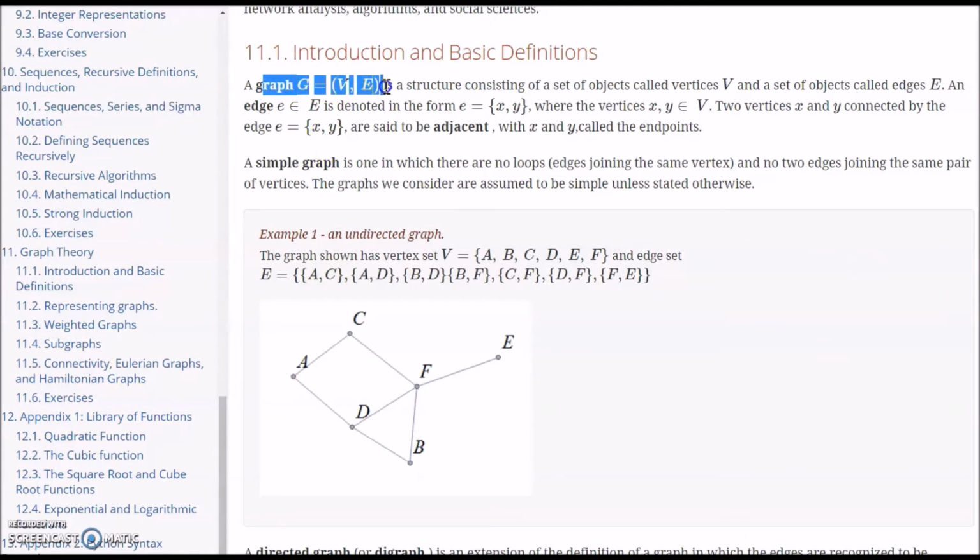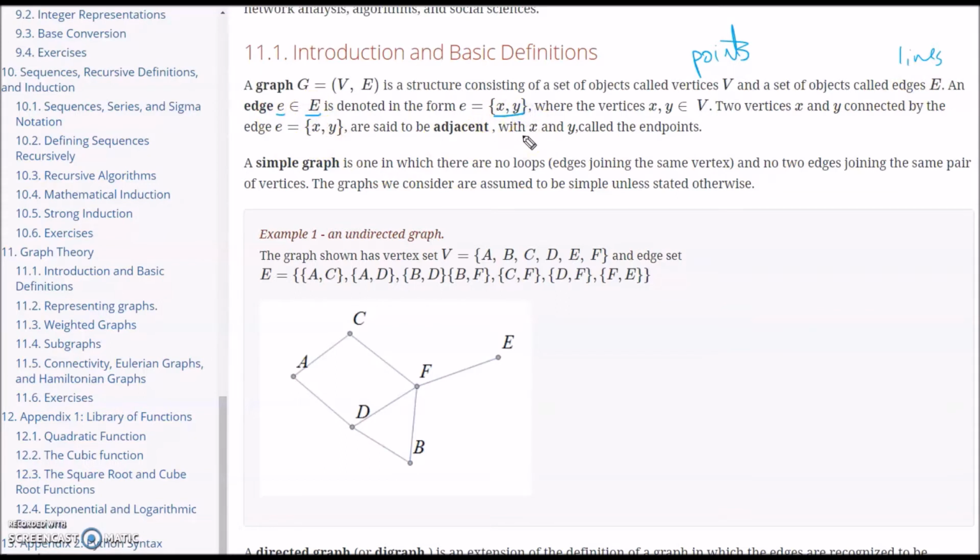A graph consists of an ordered pair V and E. V is a set of vertices. Those are the points. So this is the set of points. And then E is another set. That's the set of edges. And an edge, well, these are the lines connecting the points. And an element e in big E looks like this.